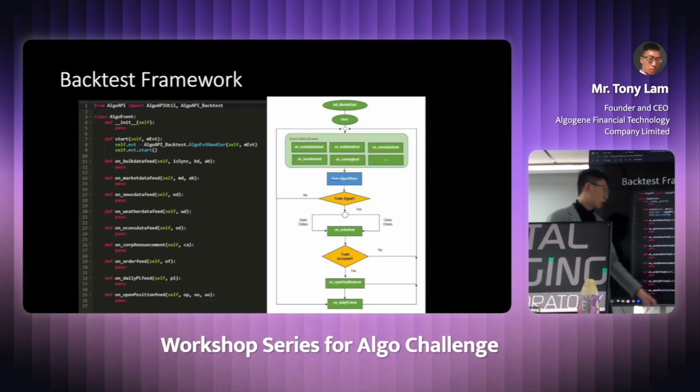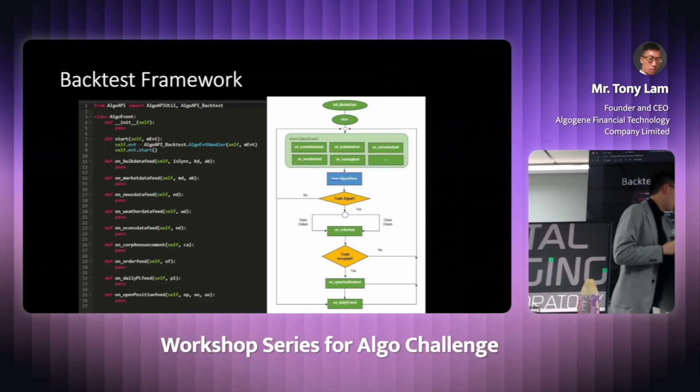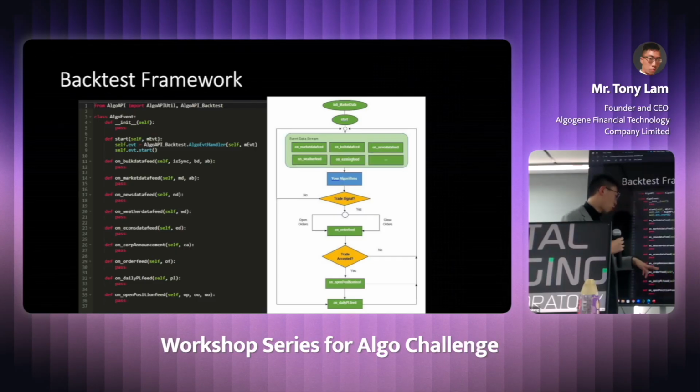But if not, then we will go back. But then if we can successfully open this position, then we will receive further update from the positioning and such. So basically the workflow corresponds to every defense task here.